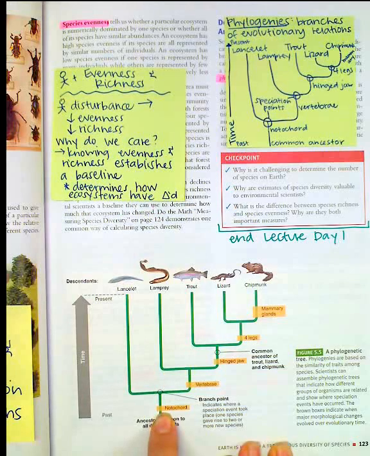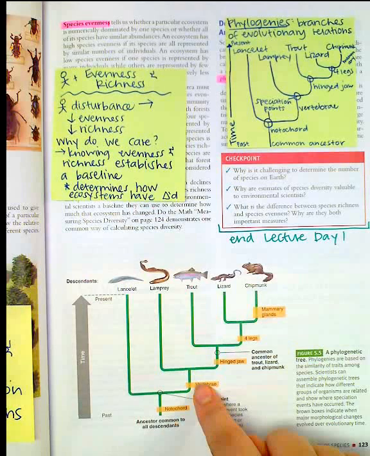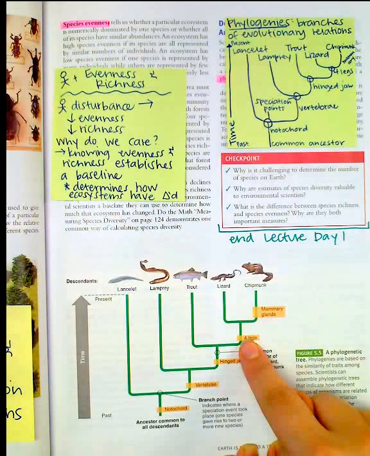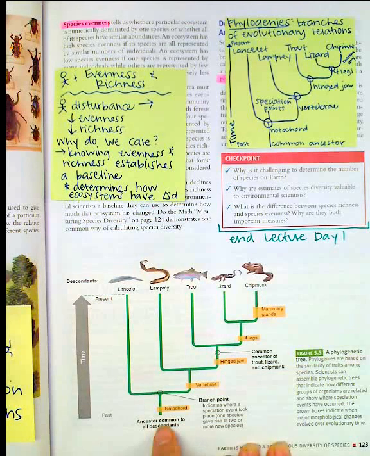And so the lancelet still has just the notochord. Like he doesn't have a vertebra or a hinged jaw or forelegs or mammary glands. He just has a notochord, very similar to the common ancestor.